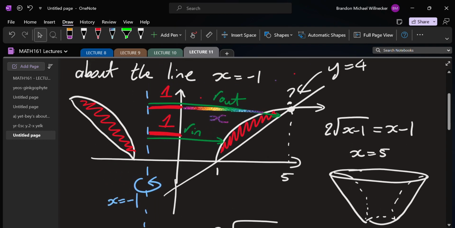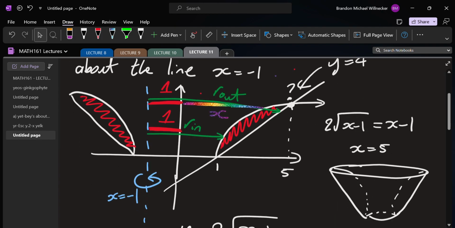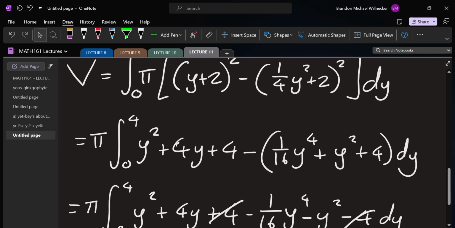The 4 comes from this intersection point that we found. Y equals 4. Yeah, x is 5. If x is 5, y is 4. Yeah, that was in the side working we did earlier.